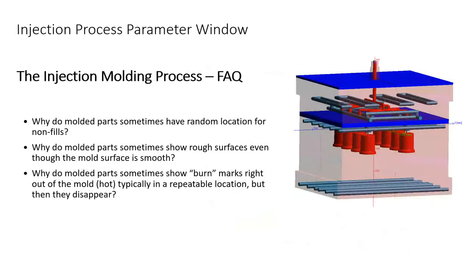All right. Now, injection molds, why do we get non-fills? Why do molded parts sometimes show rough surfaces? And why do molded parts sometimes show burn marks right out of the mold? It's all due to process window setting and the importance of understanding the material characteristics in setting those windows, which is often asked.